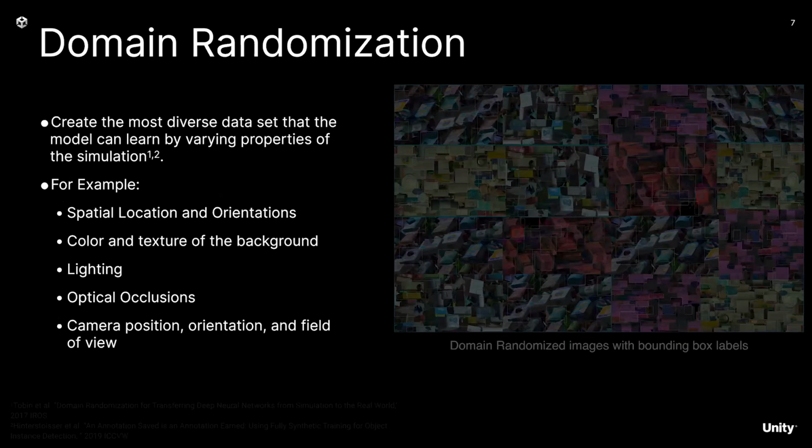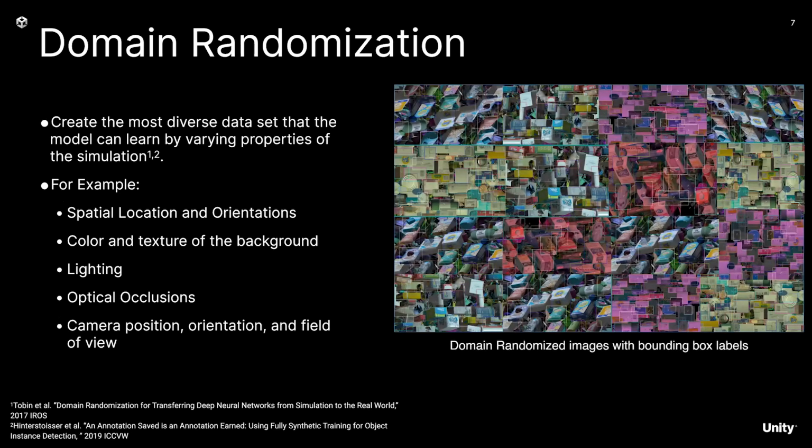One of the ways to bridge this so-called sim to real gap is through a technique called domain randomization. Domain randomization essentially asks us to create the most diverse data set that a model can learn by varying as many of the properties as we can of the simulation, often in wild manners.